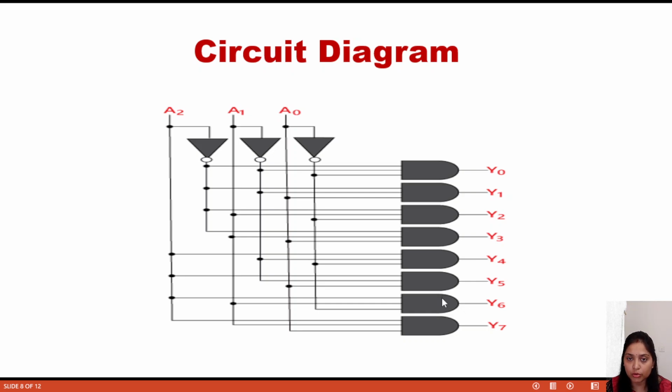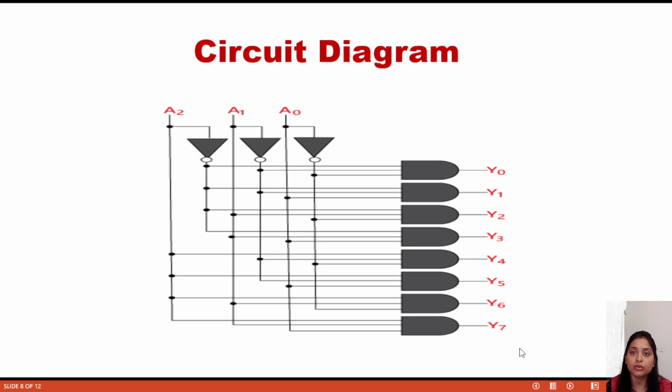I hope all of you know how to draw. If you don't know, go to my previous video. There I have clearly mentioned how to design all circuit diagrams based on logical expressions. So here there are basically 3 inputs, A2, A1, A0 and the 8 outputs y0 to y7.